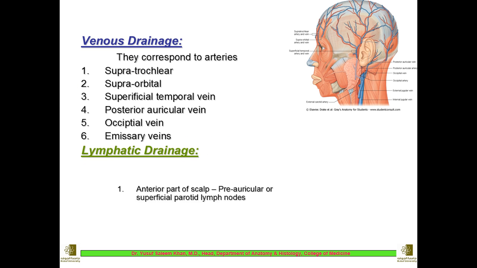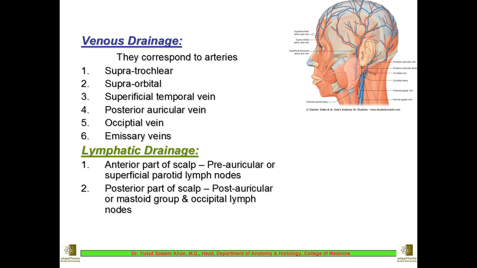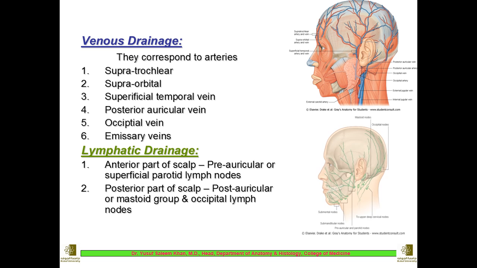Coming to the lymphatic drainage, again it is divided into the area in the front as well as behind. The area of the scalp which is in the front of the ear will be drained into the preauricular as well as the superficial parotid group of lymph nodes here. So the area in front of the ear, anterior part of the scalp, this whole area will be drained into the lymph nodes which are just in front of the ear.